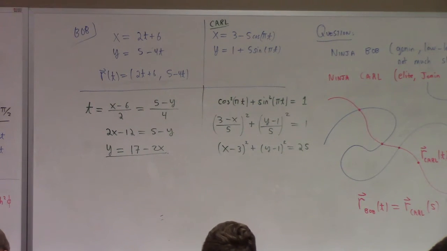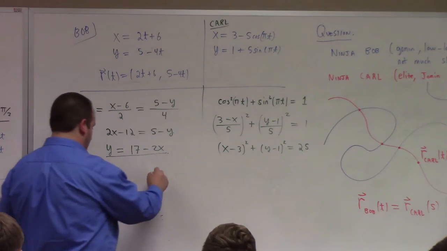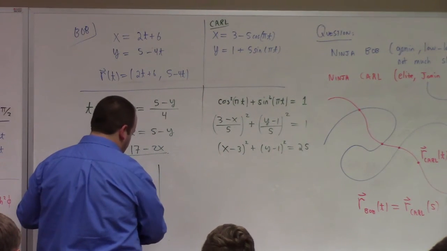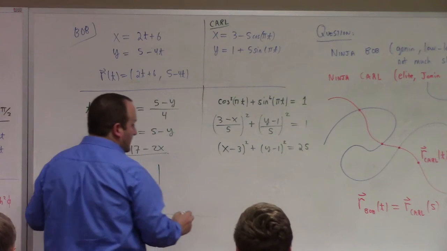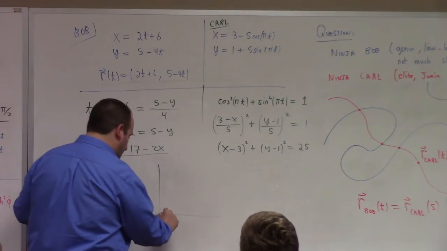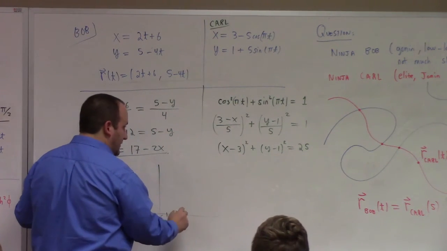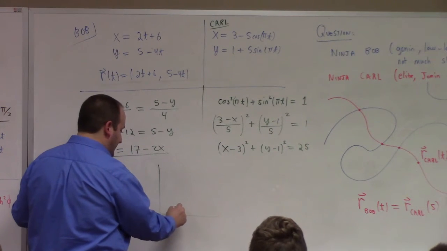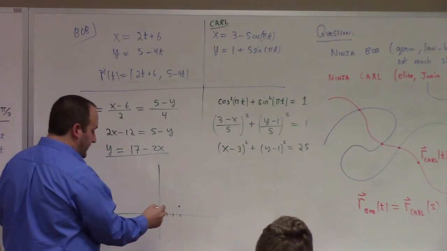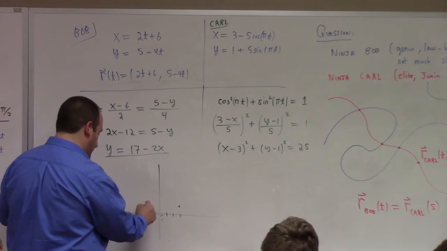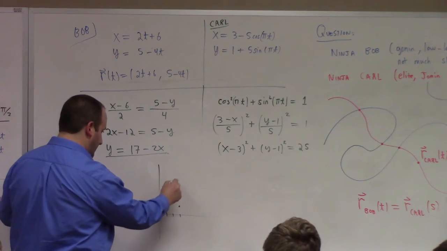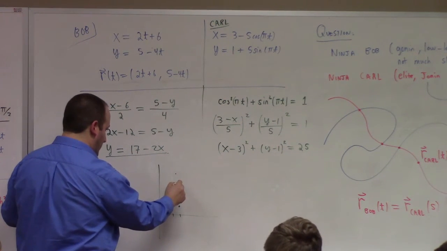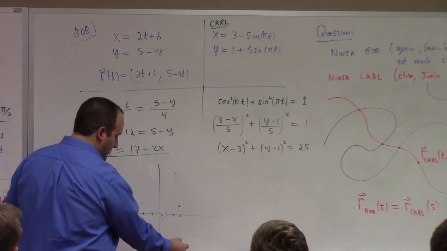So now I can think about this problem graphically. I've got the center (3, 1), and my radius is 5.